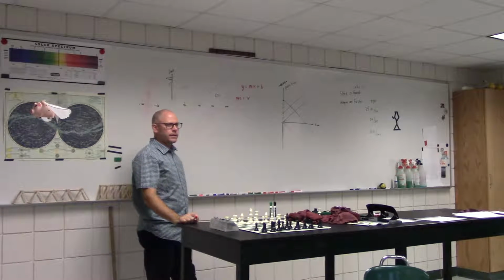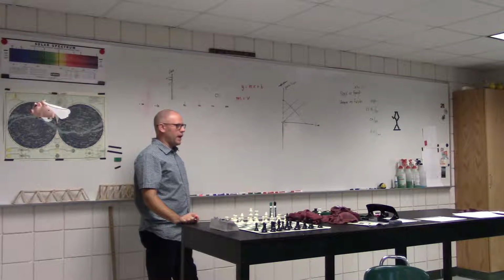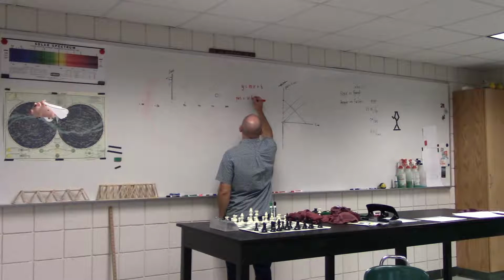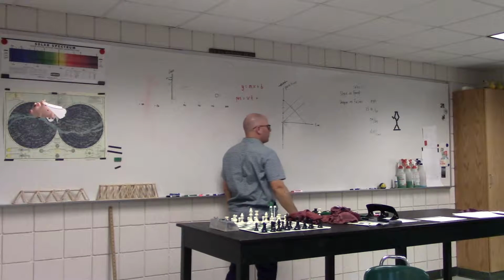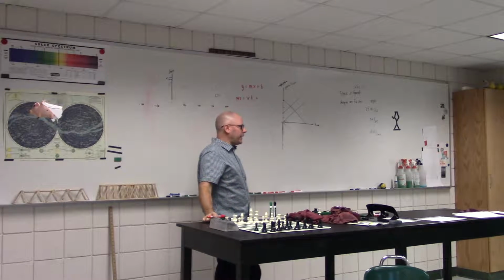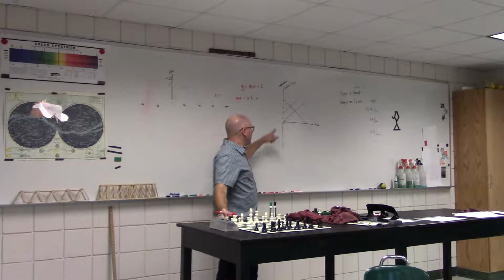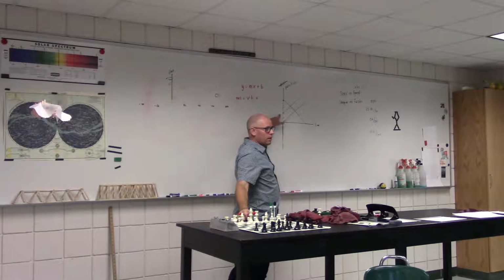What's on our x-axis? Time. What letter do you want to use for time? T. T is good. Now, what is the B? Okay, it's the intercept on the graph, right?